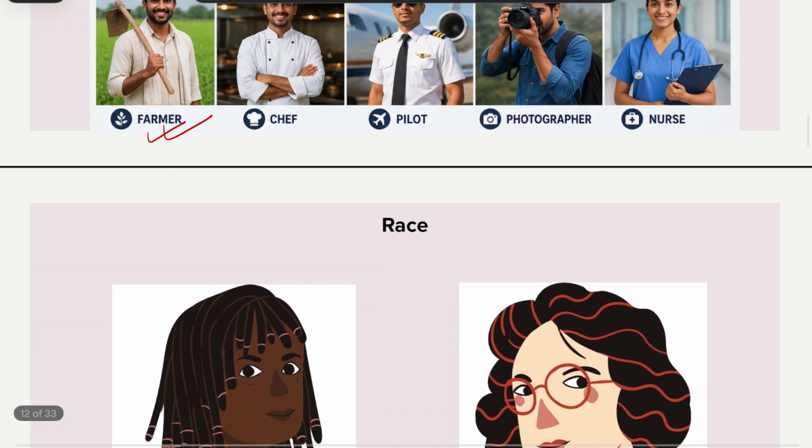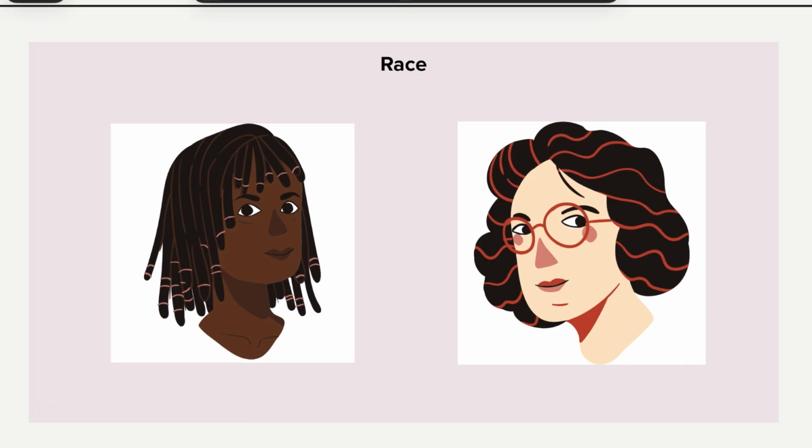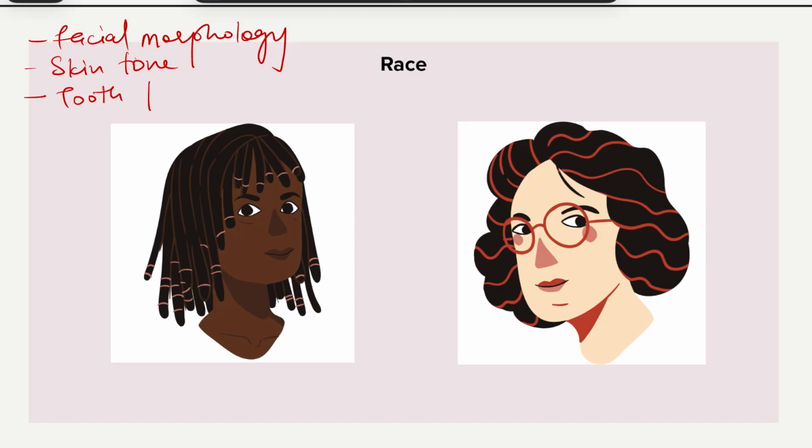Then we have race. Race influences several physical characteristics relevant to prosthodontics. These include facial morphology, skin tone, tooth form, arch shape, and facial profile.